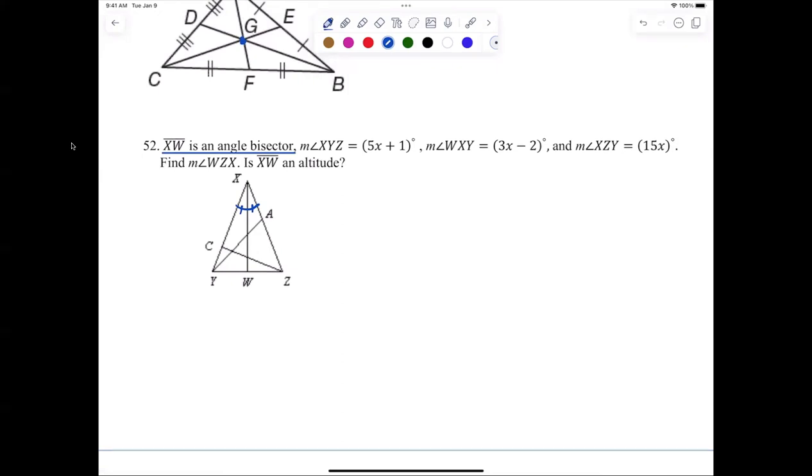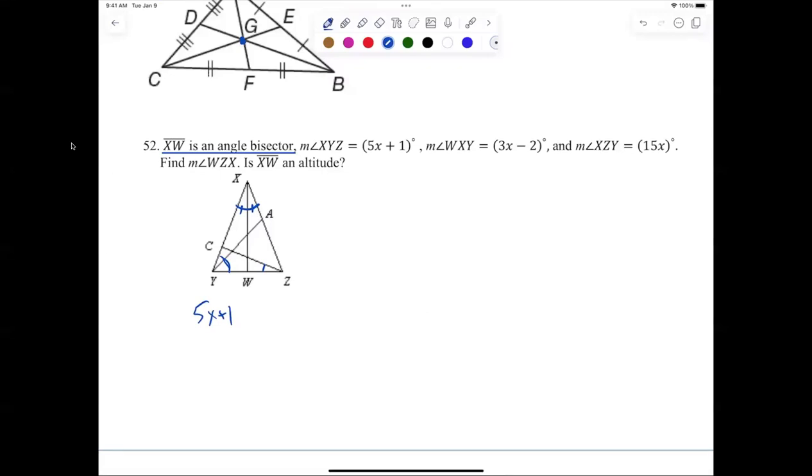Measure of angle XYZ is 5x plus 1. XY. This angle down here is 5x plus 1. WXY. This angle right here.